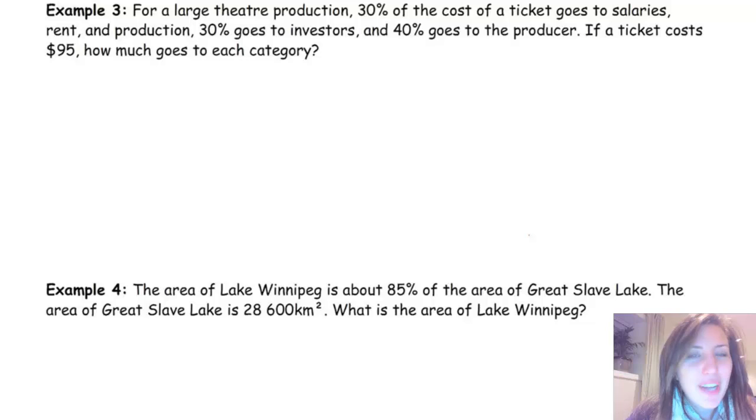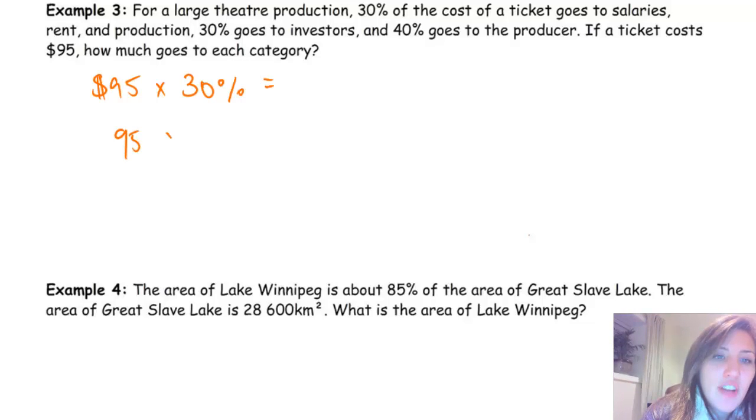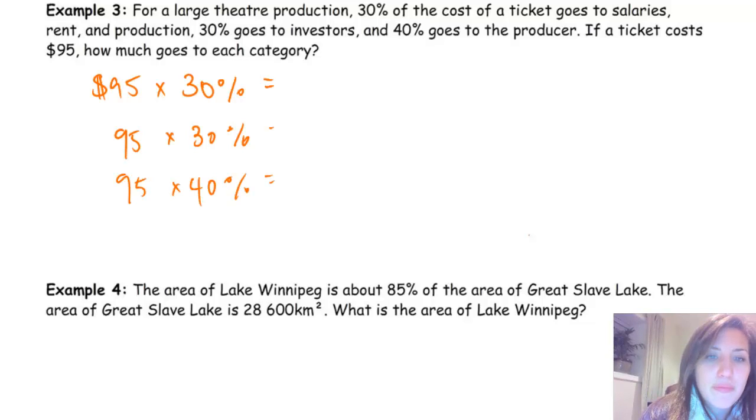For a large theater production, 30% of the cost of a ticket goes to salaries, rent, and production. 30% goes to investors, and 40% goes to the producer. If a ticket costs $95, how much is going to each category? Well, of that $95, 30% is going to one, 30% is going to the next, and 40% is left over for our producer.